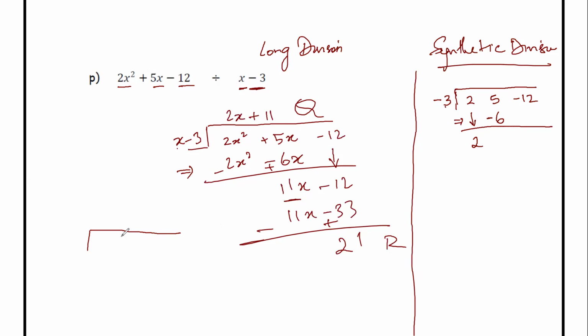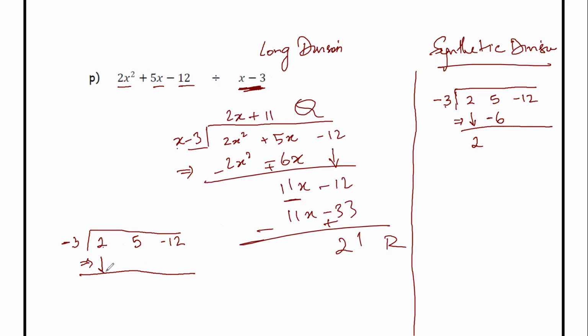So put a horizontal 7. Now take only the coefficients of the given question. So it's 2 and then 5 and then negative 12. And for divisor, you only take the constant part of it, which is negative 3. Then leave a space and draw a line.